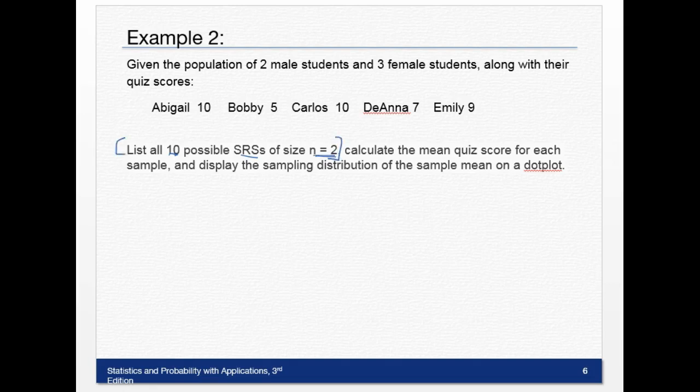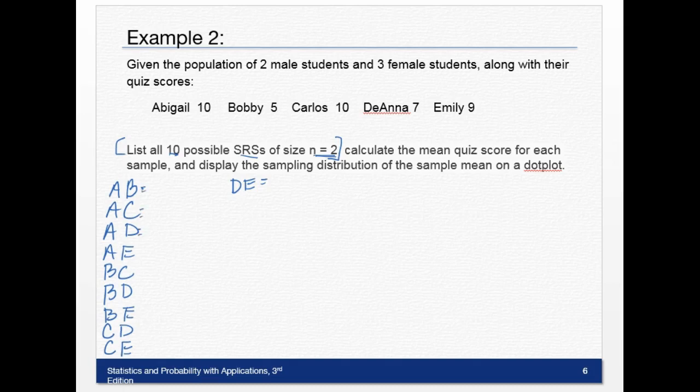We have Abigail and Bobby, Abigail and Carlos, Abigail and Deanna, Abigail and Emily. We have Bobby and Carlos, Bobby and Deanna, Bobby and Emily. And we have Carlos and Deanna, Carlos and Emily, and then Deanna and Emily. Good, so those are our 10 possible samples of size 2.